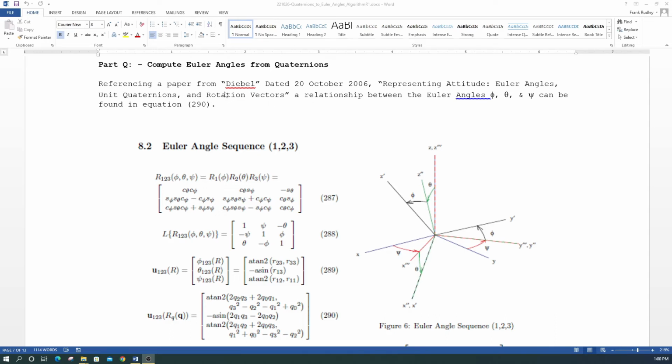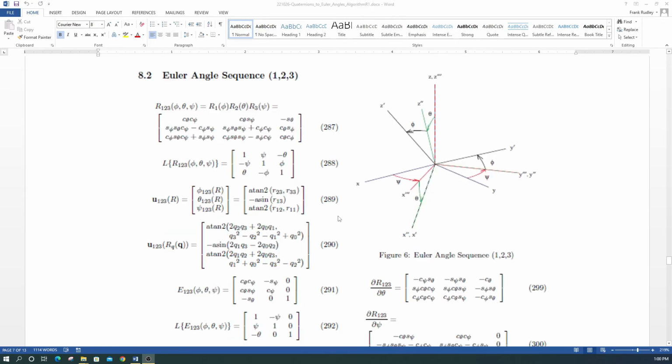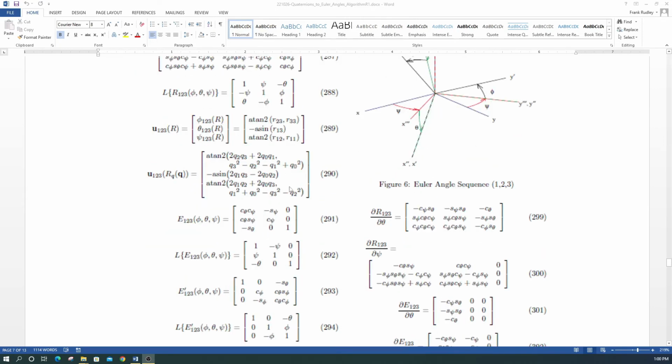It's called Representing Attitude: Euler Angles, Unit Quaternions, and Rotation Vectors. A relationship between the Euler angles, phi, theta, and psi, can be found in equation 290. This is a copy out of that paper, and notice this is the equation for bank angle phi, this is the equation for theta, and this is the equation for psi.